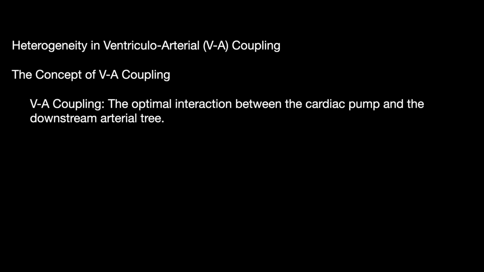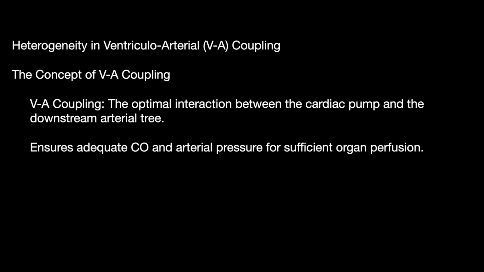Regarding the heterogeneity of ventricular-arterial coupling, this is one of the important things which is physiologically associated with the heart and its contraction and the subsequent development of cardiogenic shock. The optimal interaction between the cardiac pump and the downstream arterial tree is very, very important.